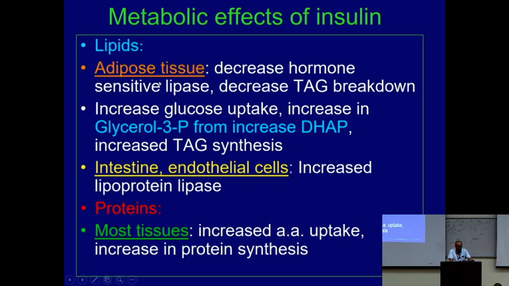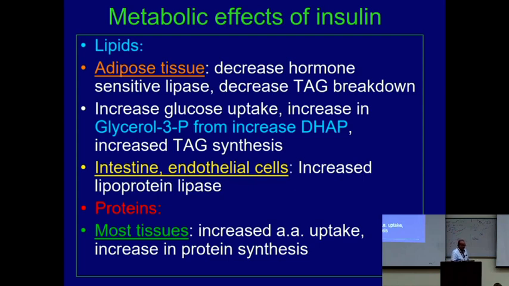Okay? An important effect on adipose tissue is first to decrease lipolysis by inhibiting hormone-sensitive lipase. Second, you increase TAG synthesis.